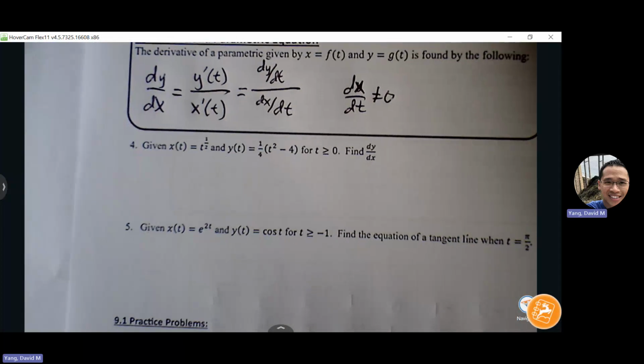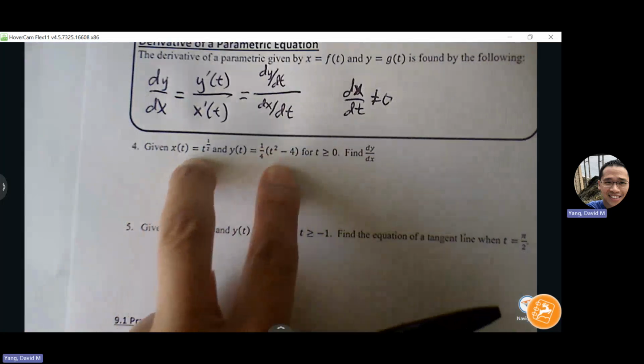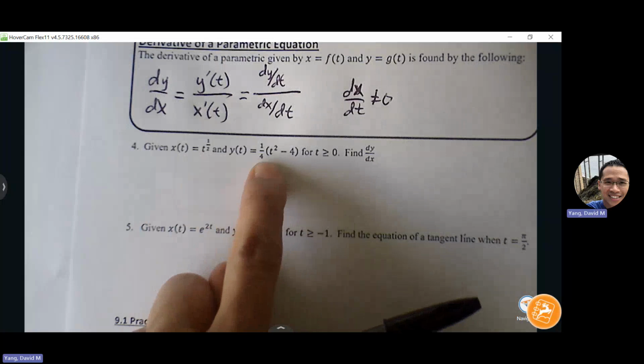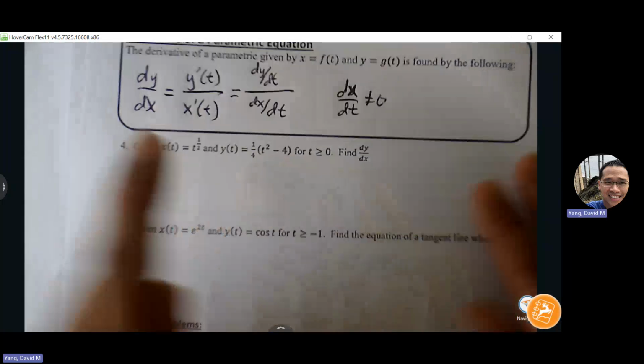So given that x of t equals t to the 1/2 and y of t equals 1/4 t squared minus 4, find dy dx. We just have to find x prime and y prime and divide them by each other. This is ready for power rule. I'm going to clean this up a bit so I can get this ready for power rule.